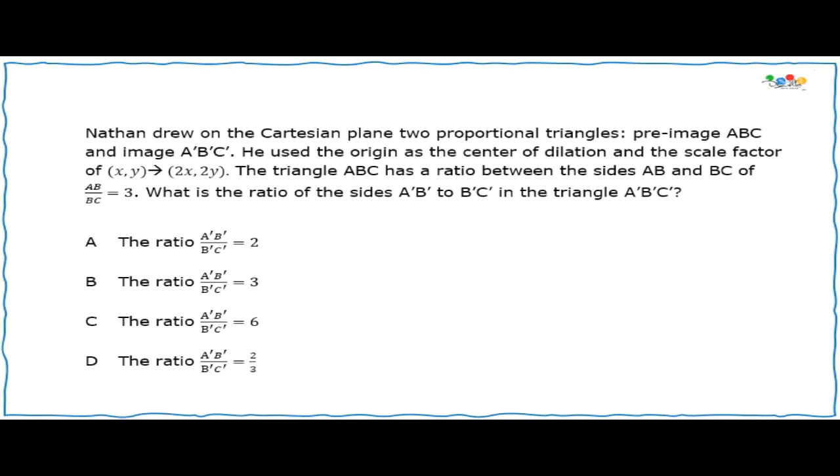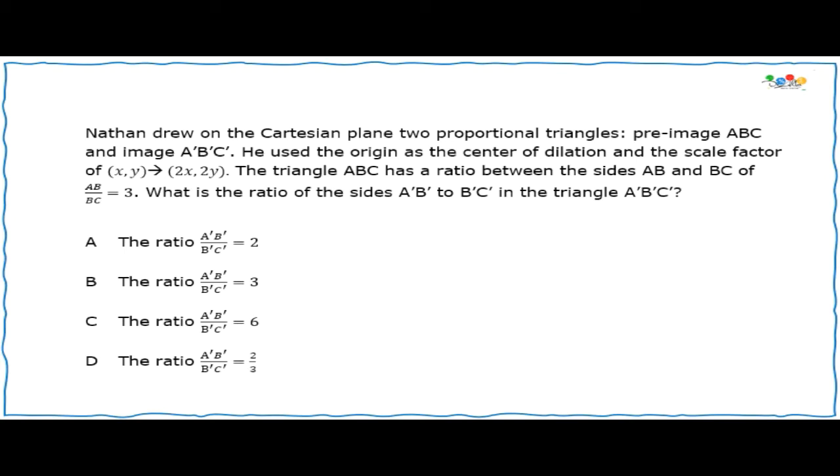Nathan drew on the Cartesian plane two proportional triangles, pre-image ABC and image A prime, B prime, C prime. He used the origin as the center of dilation and the scale factor of, and then we get the coordinates (x, y) to (2x, 2y).